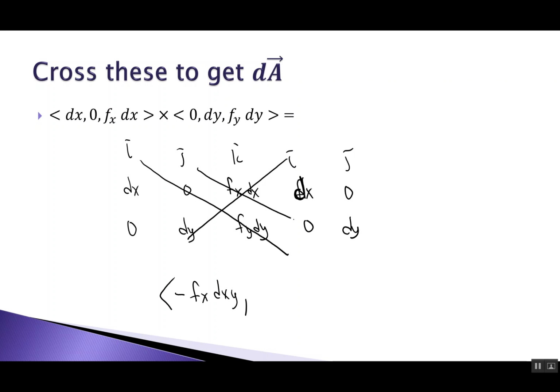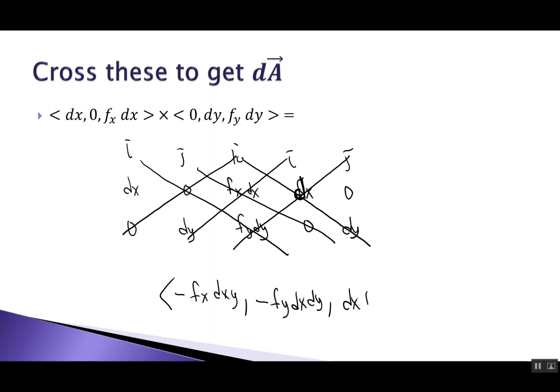For my j's, I'm getting a 0 and a minus fy dx dy. And in the k, I'm getting dx dy minus 0. This is my dA. And I can factor out a dx dy, so I'll get minus fx, minus fy, 1 with a dx dy factored out. Okay, that's one possible dA.